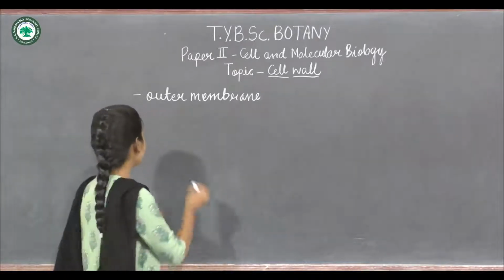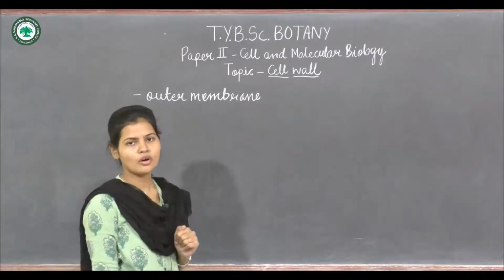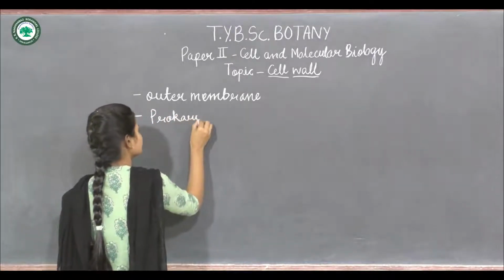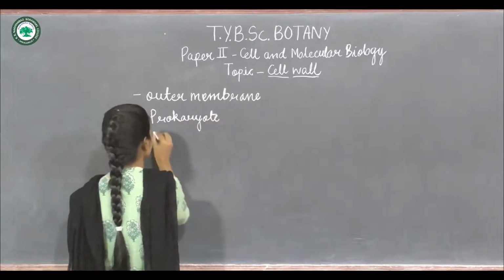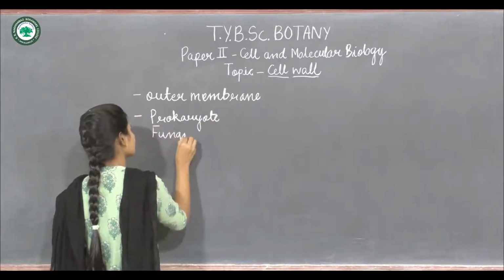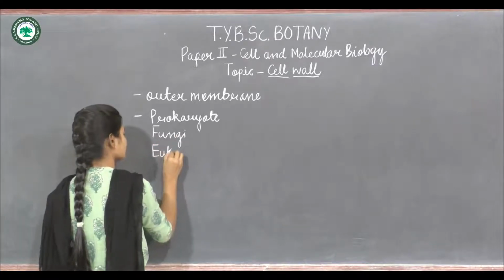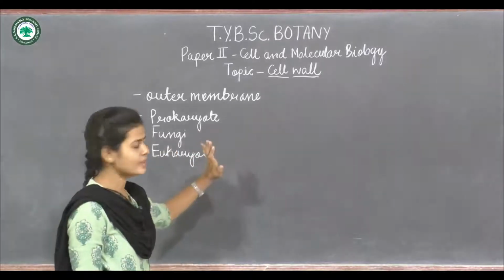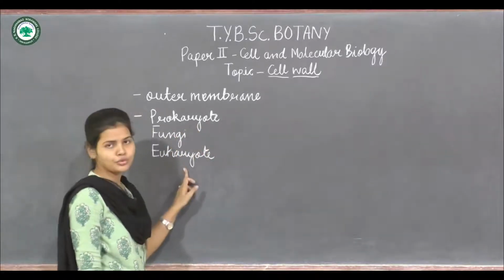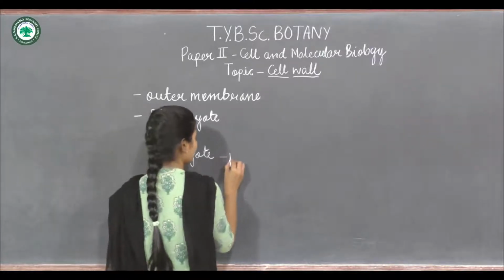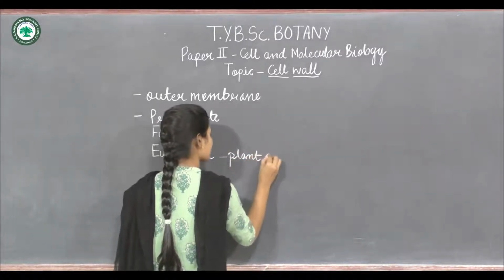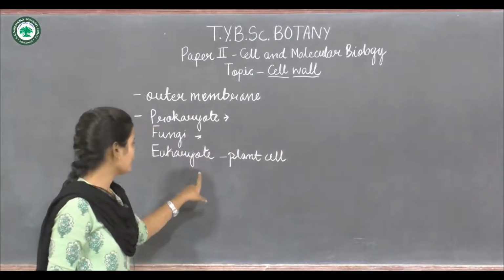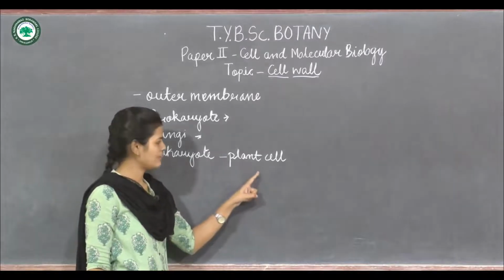Now, the cell wall is present in prokaryotes, fungi and eukaryotes. In eukaryotes, it is present only in the plant cell.